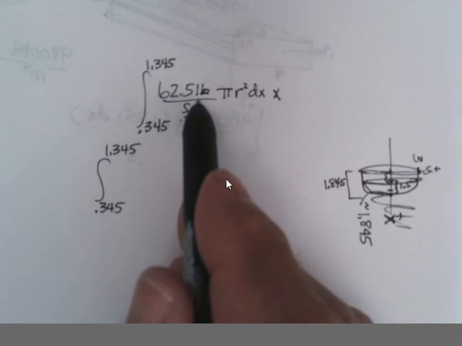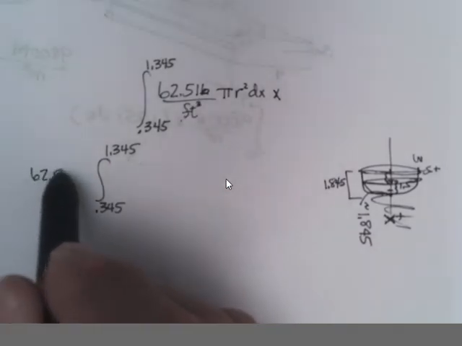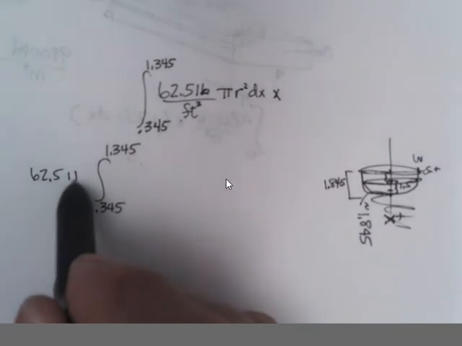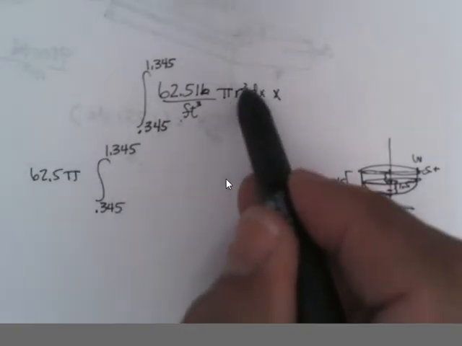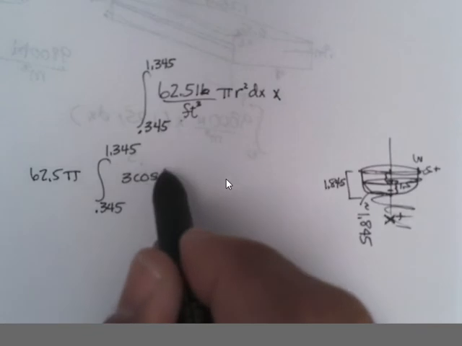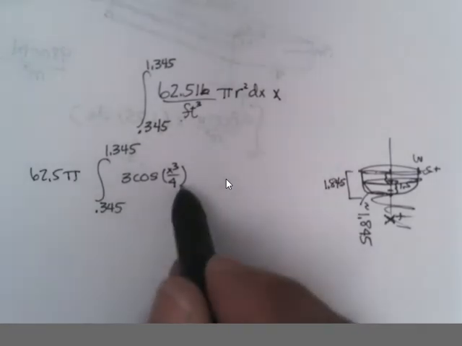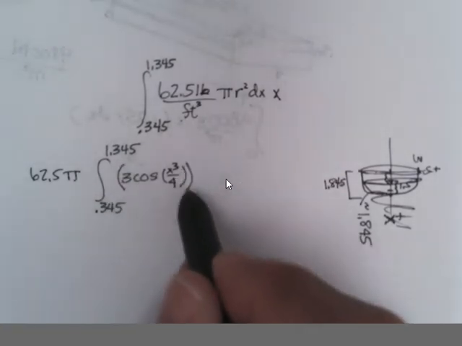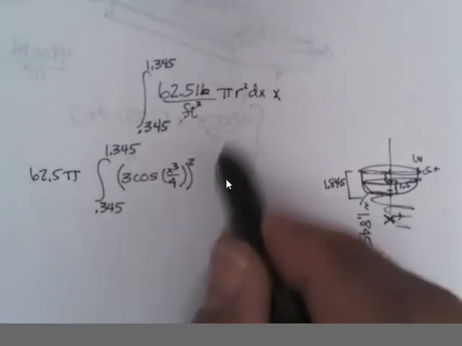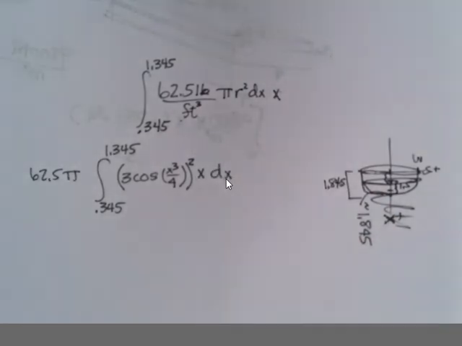The 62.4 would come out, it's a constant. The pi would come out, it's a constant. R squared would be the 3 cosine of x to the third over 4, that's y, or r, squared, times x dx.